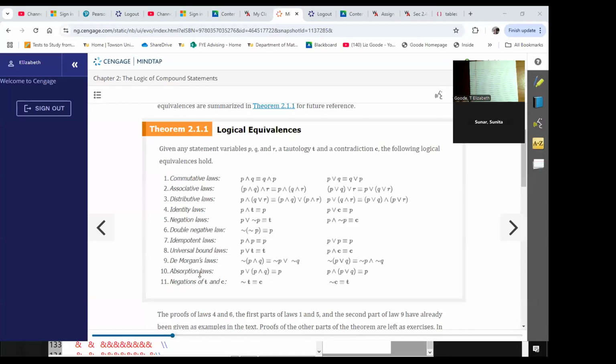I'm going to share my screen here. Can you see it? Yes, I can see. Okay. Trying to make this a little bit bigger.